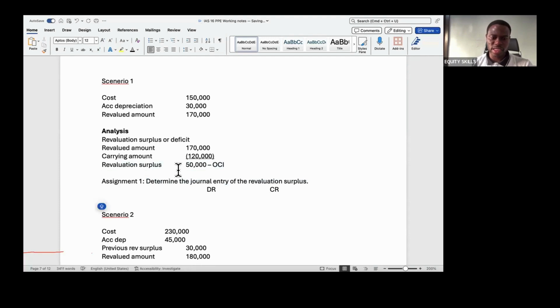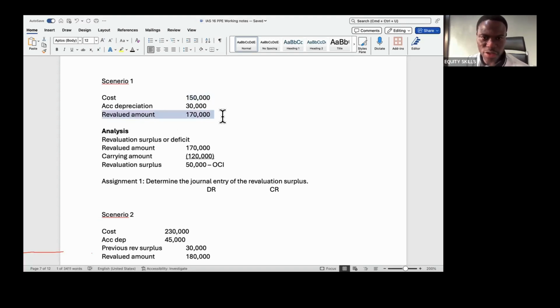First, this revaluation surplus, the first thing that should come to your mind is this. We have a surplus, and a surplus would definitely increase our asset. However, we will need to look at what is in our asset account before. Our asset account was carrying 150.